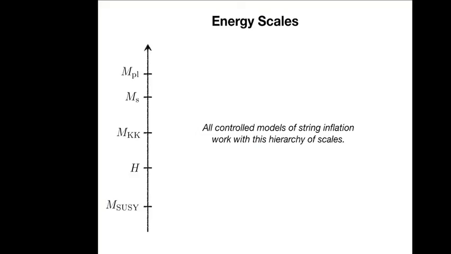And the string scale is high, so we can use supergravity as an approximation. Oh yeah, and the Kaluza-Klein scale, if it had been below the Hubble scale, it would mean that we're scattering these particles really in a higher dimensional space. That inflation was a higher dimensional phenomenon, and that the universe only really effectively became lower dimensional after inflation.